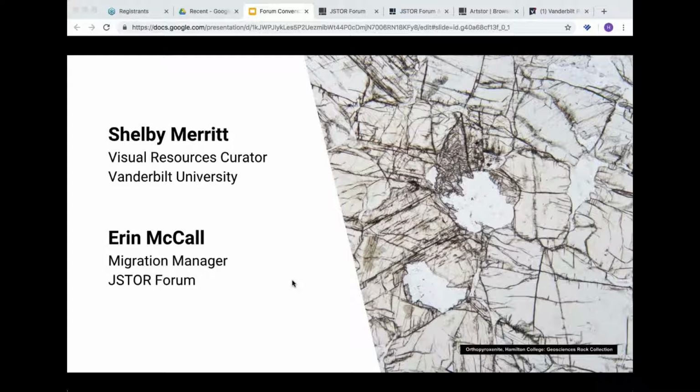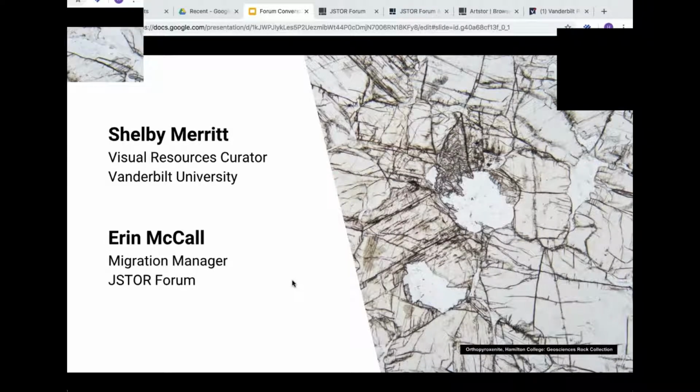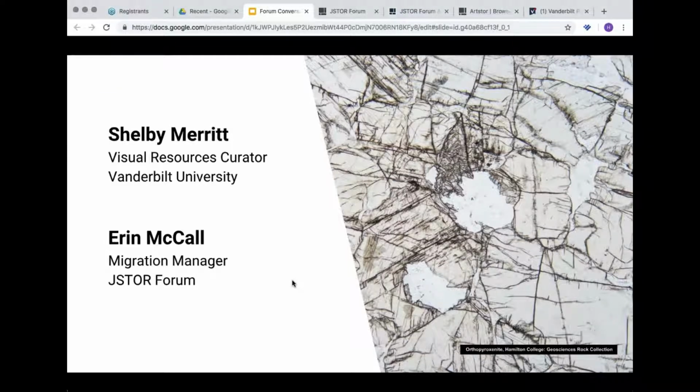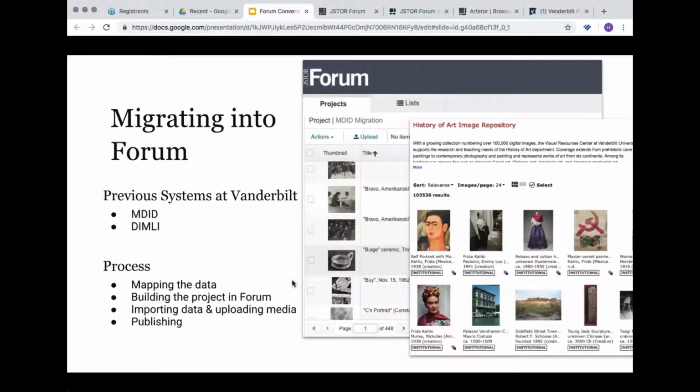Okay, so I feel like that's a pretty good portrait of who each of you were in this process. So I thought we would talk a little bit about 2 main spheres of this project.